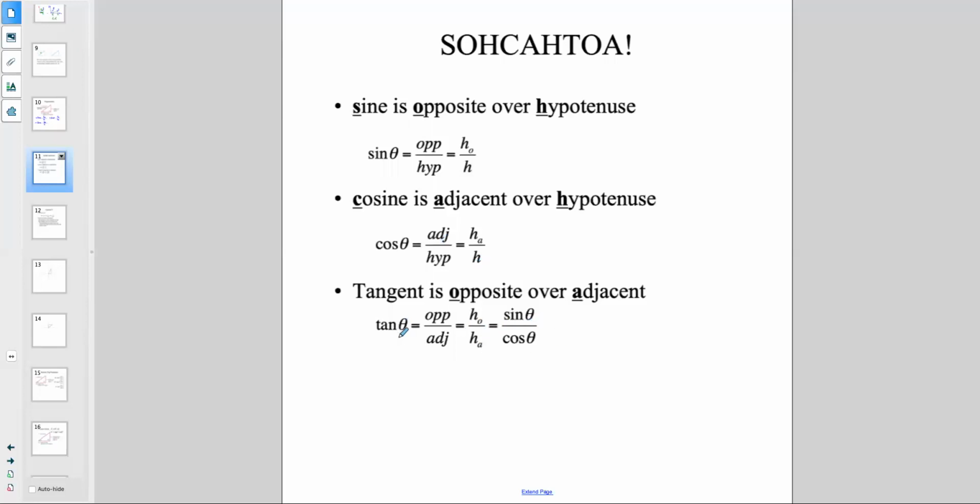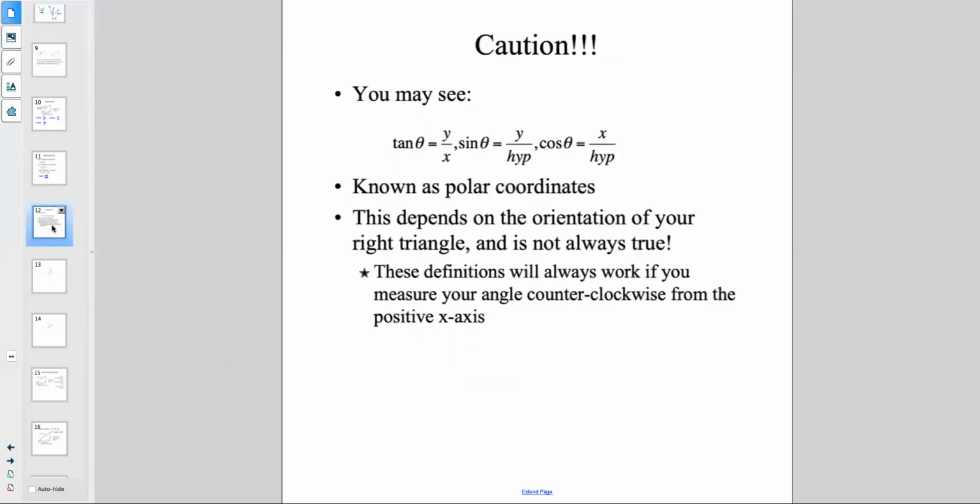Or we all know that tan is just sine over cosine, right? If you don't, this is also very important: tan of an angle is the sine of that angle over the cosine of that angle.